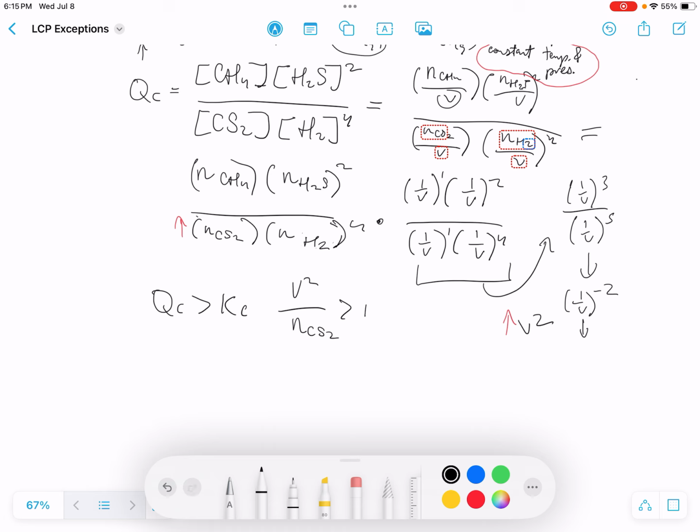It's greater than initial, because then our QC would be greater than KC. We'd increase that, and then the reaction would shift backwards. And in contrast, if our QC is less than our KC, that would be because this term is less than initial.